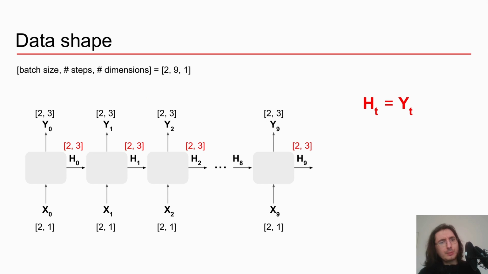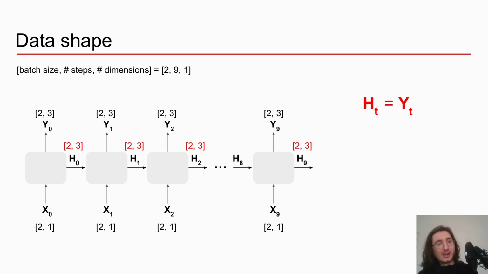So now what remains to do is look at the hidden state, or the state vector. And it turns out that in simple RNNs, the state vector is equal to the outputs, right? So for example here, this h0 is equal to y0, and obviously the dimensionality is the same. So we have 2, 3.